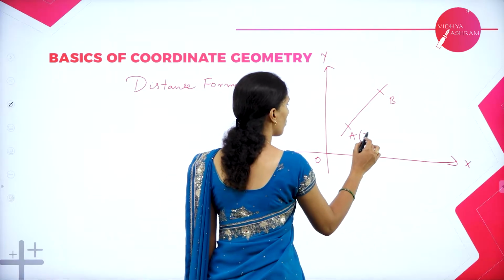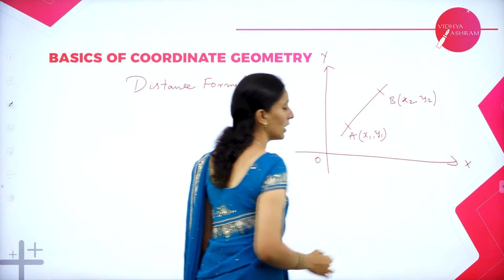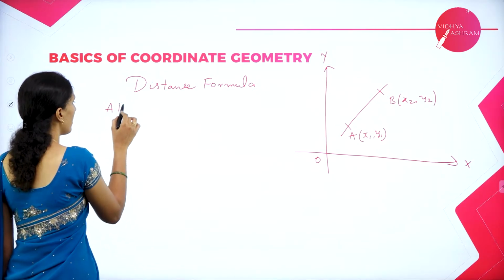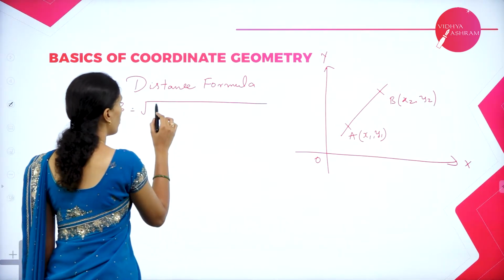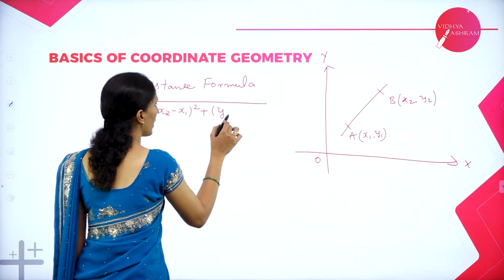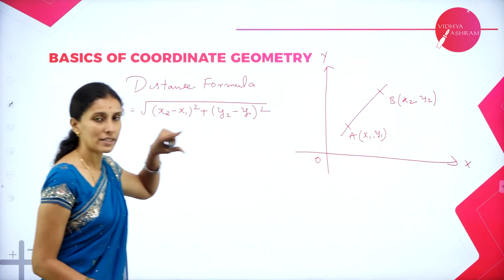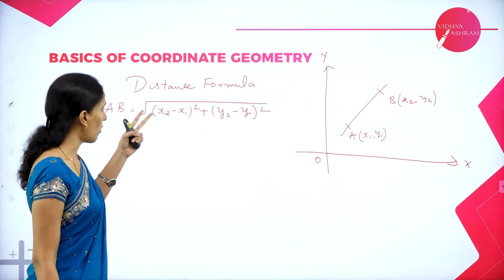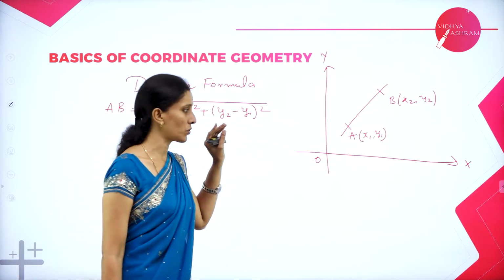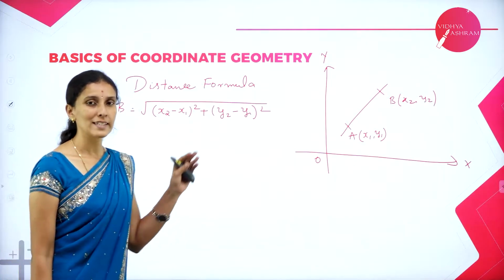If A is (x1, y1) and B is (x2, y2), then the distance between the 2 points is given by AB equal to square root of (x2 minus x1) whole square plus (y2 minus y1) whole square, where x1, y1, x2, y2 are the coordinates of the points A and B.